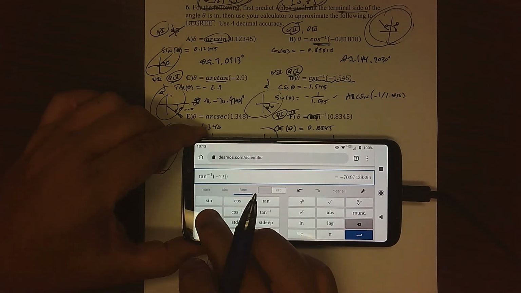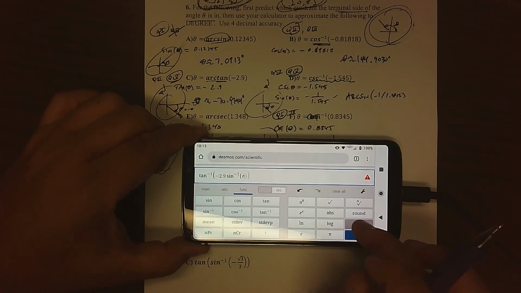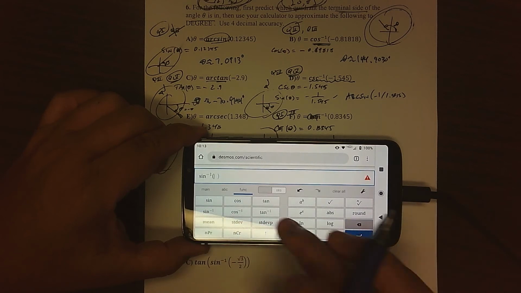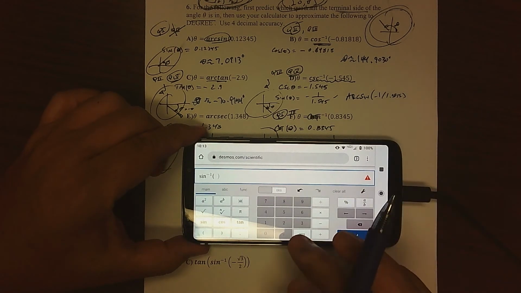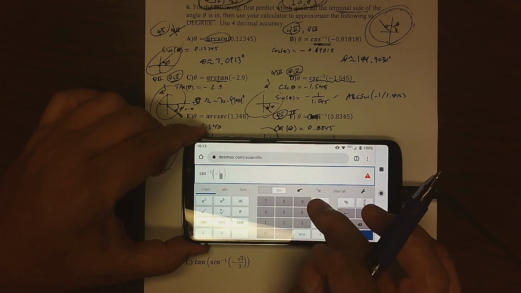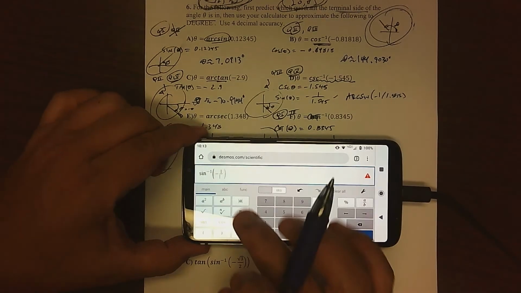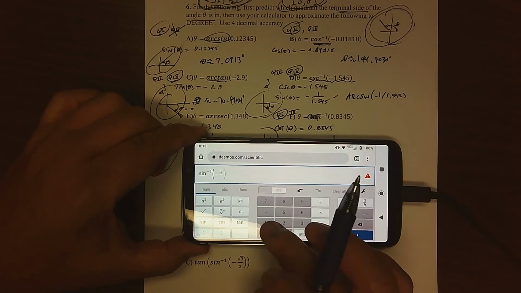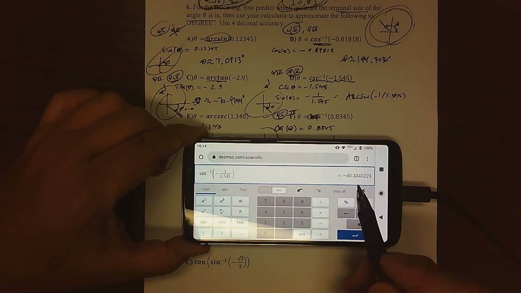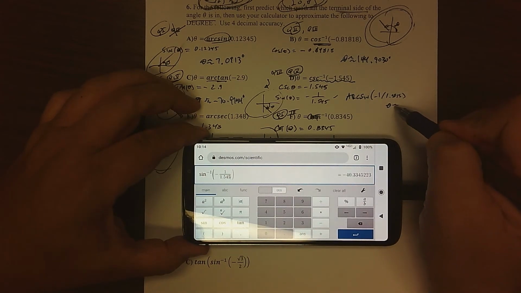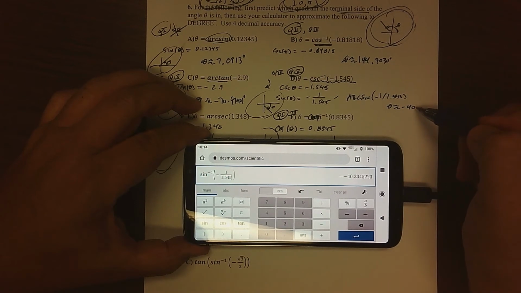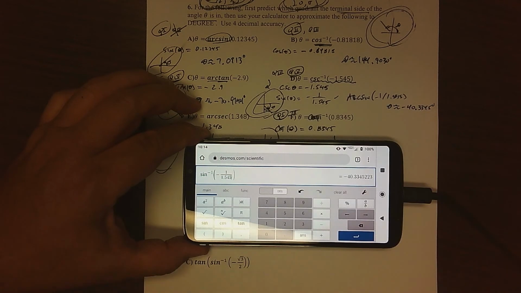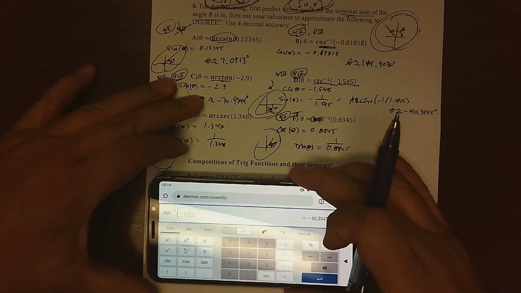So I'll do the arc sine of negative 1 over 1.545, and what I got is a negative 40. So in this case, theta is negative 40.3345. And again, that's what I was anticipating: a negative rotation in quadrant number 4, and that's exactly what the calculator gave me.